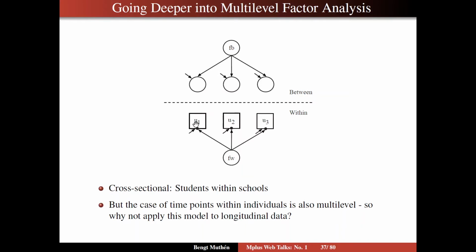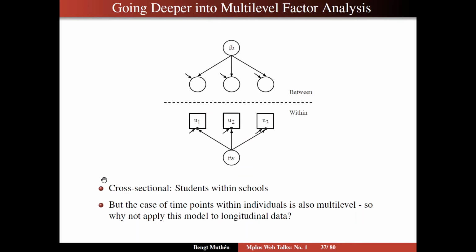We have a random intercept for each of the student level factor indicators. Those random intercepts become continuous latent variables on the school level, and those are indicators of a between level factor, which could be seen as school excellence or something of the kind.